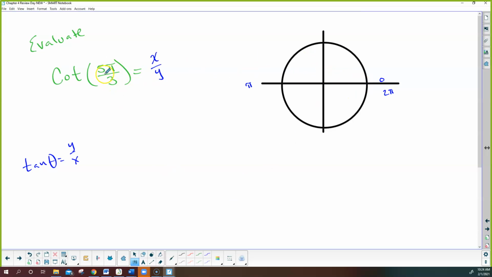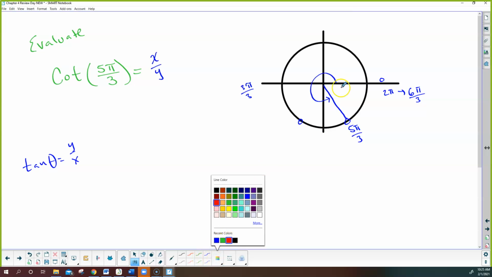Well, if I'm thinking of this in terms of thirds, pi would be 3 pi over 3, and 2 pi all the way around the circle would be the same as 6 pi over 3. So that just means 4 pi over 3 would be somewhere right here, and 5 pi over 3 would be somewhere right here. So I'm going to draw in basically my angle, and then I'm thinking of my reference angle.